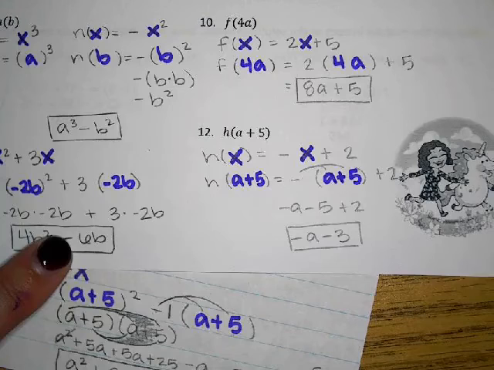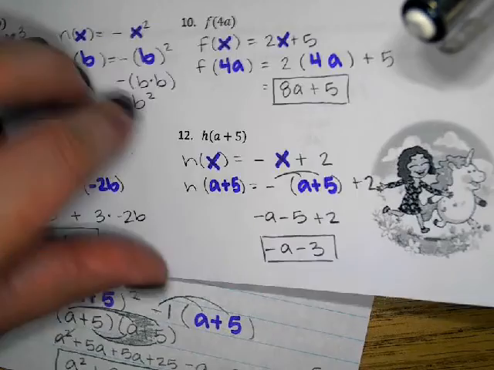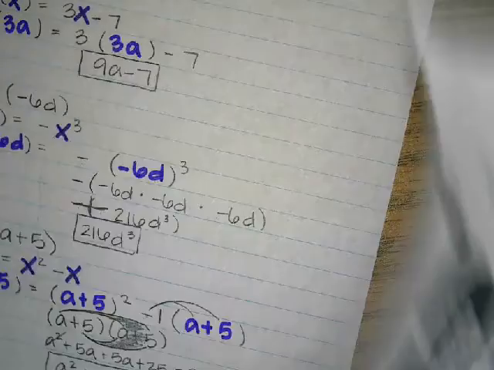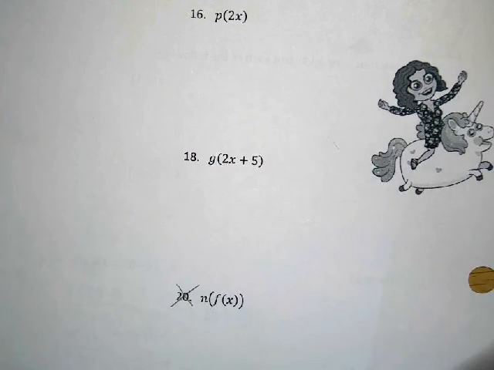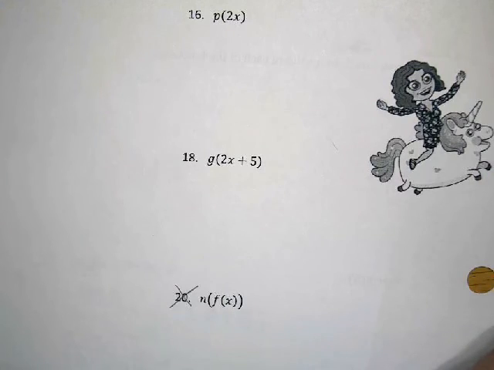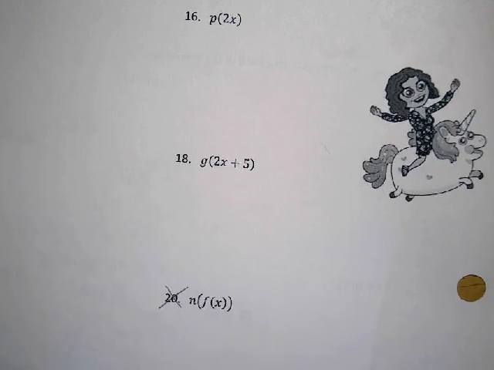Yeah? Okay. So for the rest of the period and then for homework over the weekend, we're going to go through number 18. We're going to skip 19 and 20, but you're welcome to try them if you want. And then 21 through 24 are going to be extra credit. You can write 25 if you want.